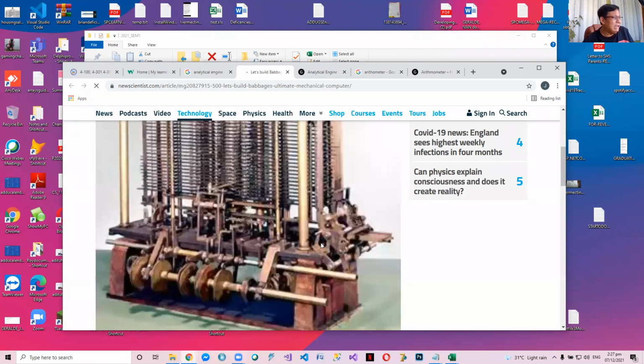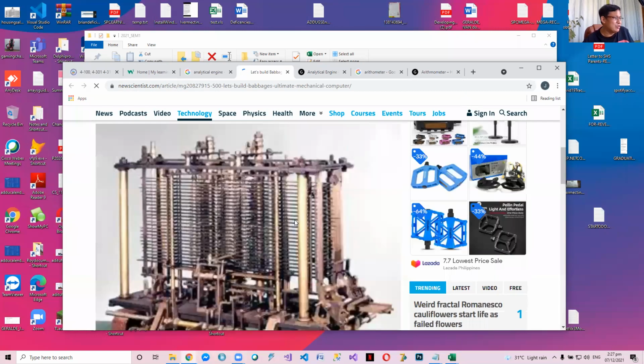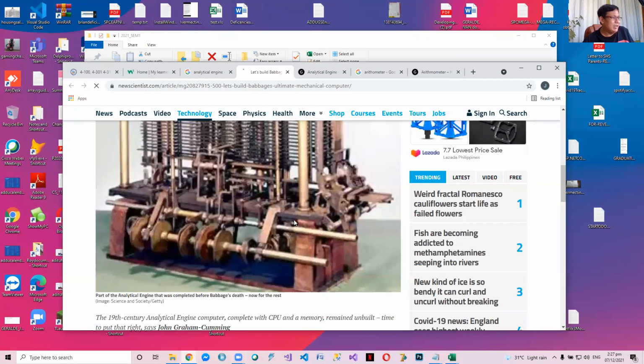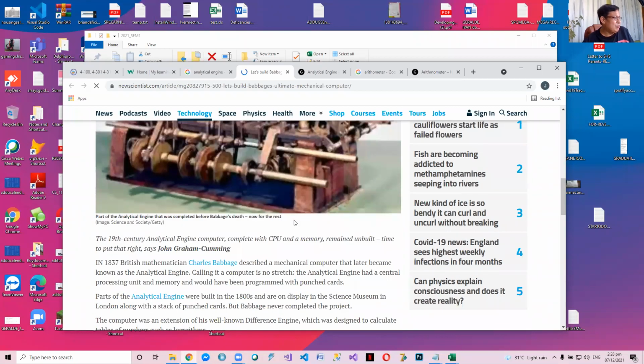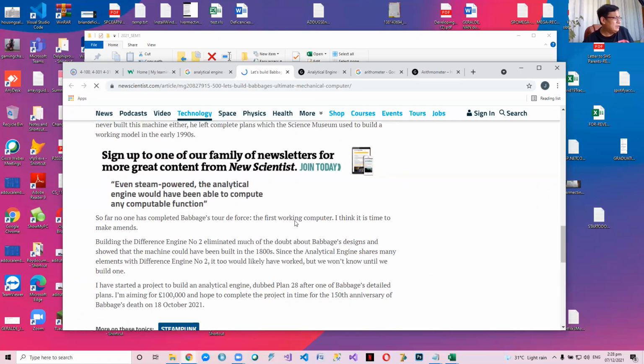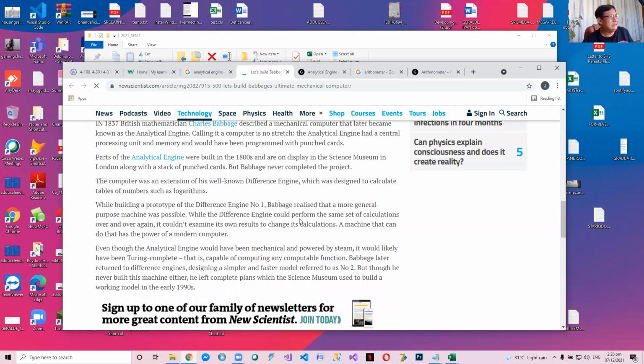These are not 1600s machines. These are modern inventions of Charles Babbage's engine. Okay? Do you follow? Because they wanted to show or demonstrate that what Charles Babbage invented was an actual computer.